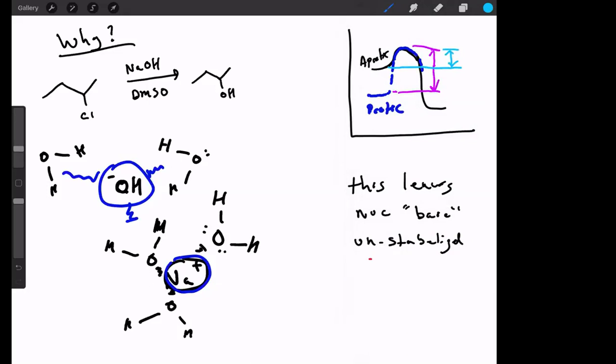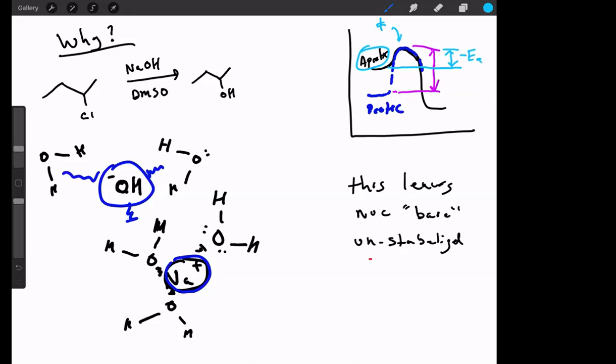So to summarize, when I have a polar aprotic solvent, the energy of the reactants actually increases, or it's larger. Because the energy of the reactants is larger and I'm going to the exact same transition state, the activation energy is smaller.